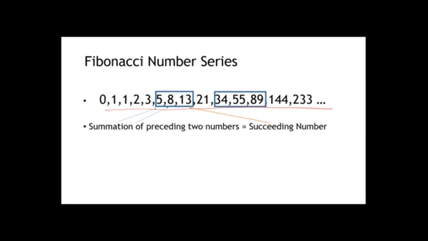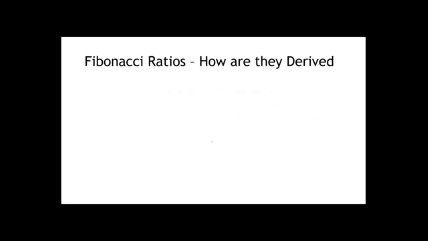How is it useful in the 2015 stock market, both in terms of time and price? It is in terms of a few ratios derived from that number series. So what are these ratios?